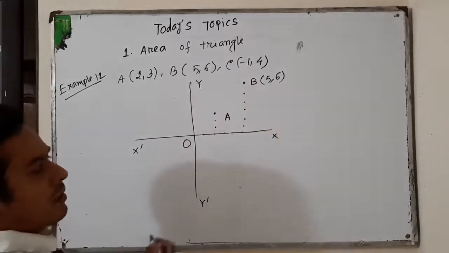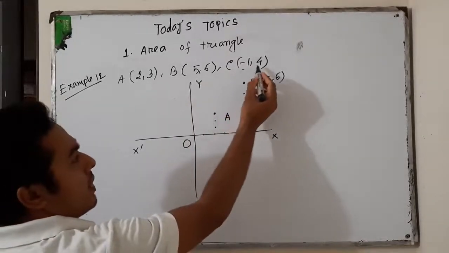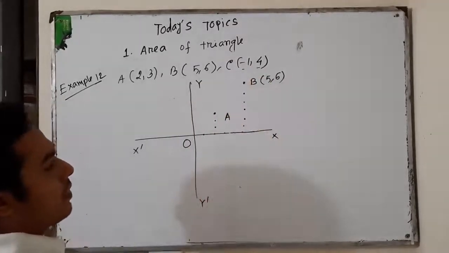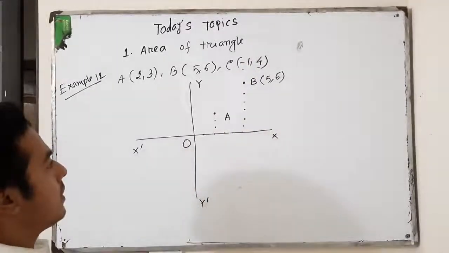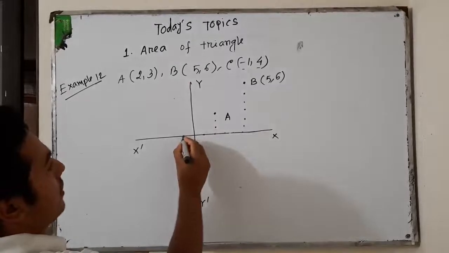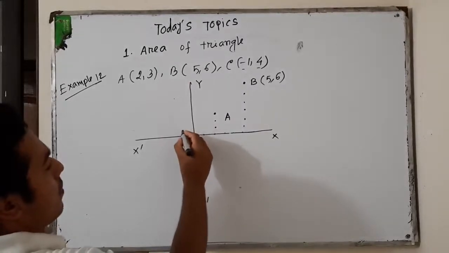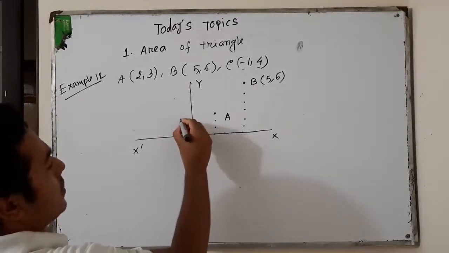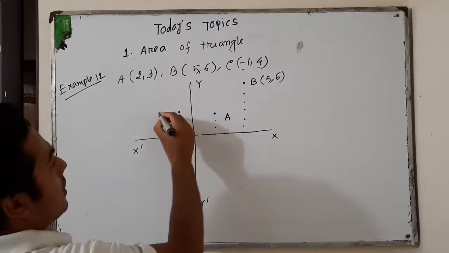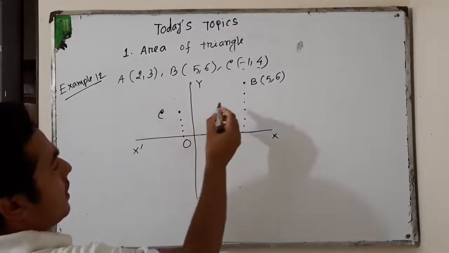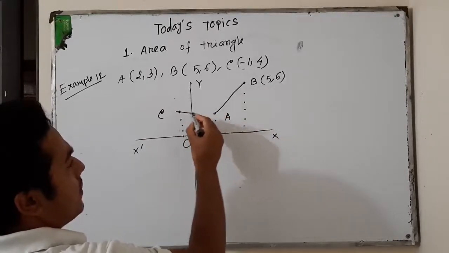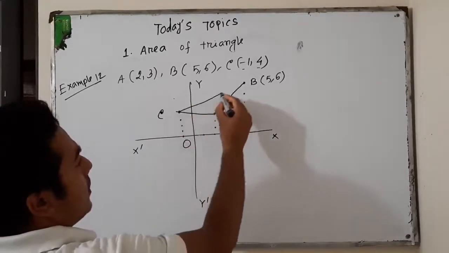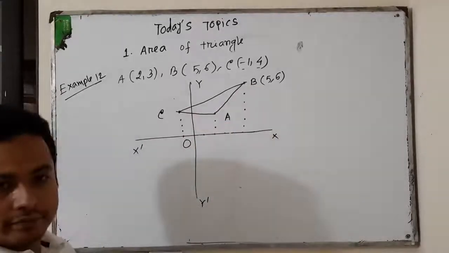The x coordinate is minus 1, the y coordinate is 4, that means abscissa is minus 1 and ordinate is 4. So minus 1, 4: 1, 2, 3, 4. This is point C. By joining these vertices, we get the triangle.